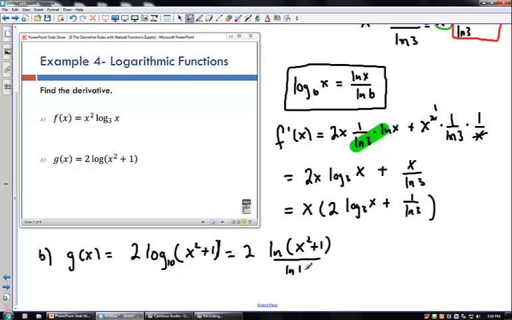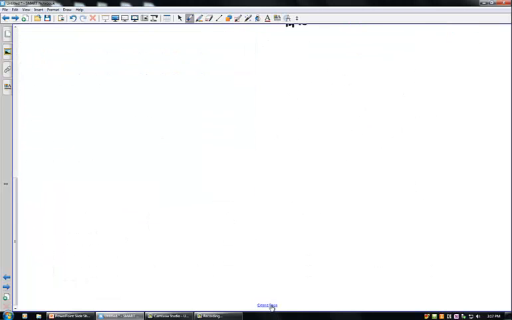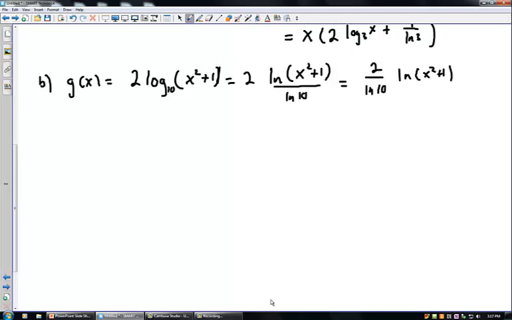And I can rearrange the terms a little bit if you like, and I can just put the constant stuff together. So I have 2 divided by ln of 10 times ln of x squared plus 1. Now I haven't taken the derivative at all, but I can, it's in the right form.